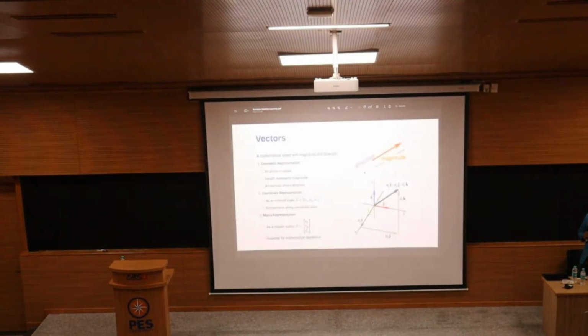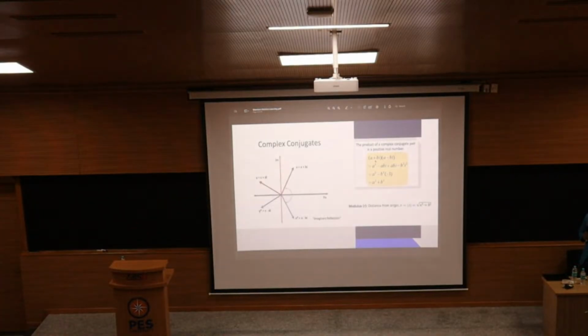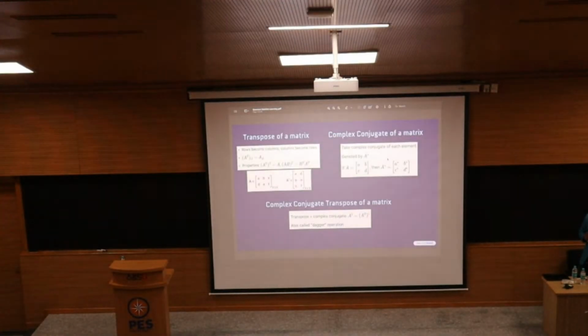For example, for A plus iota B, the complex conjugate is A minus iota B. If you combine these two, transpose and complex conjugate, taken successively, it is called a complex conjugate transpose, but it's not a difficult concept to understand. It's also called A dagger, and it's just equal to taking a transpose and then taking a complex conjugate.